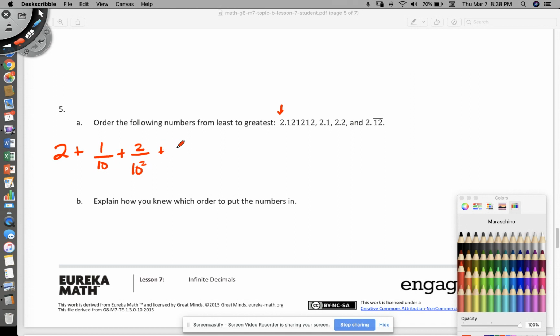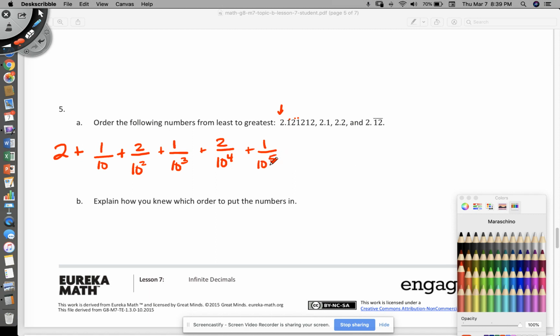And then the next number is a 1, and that goes in the 10 to the third place. So I've done that one, and that one. Now we're at a 2 again. You'll start to notice what keeps repeating here: 1, 2, 1, 2, 1, 2.